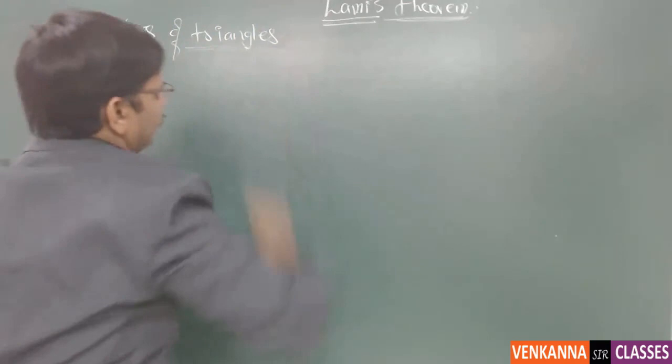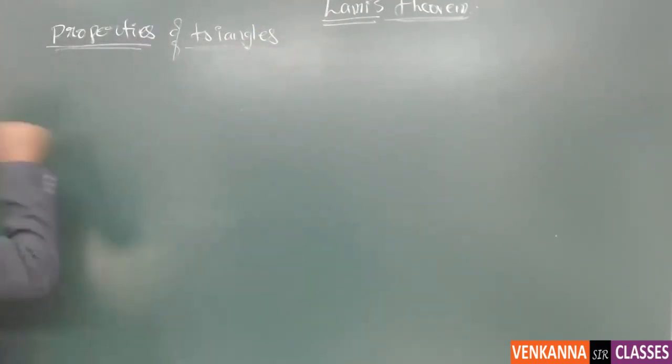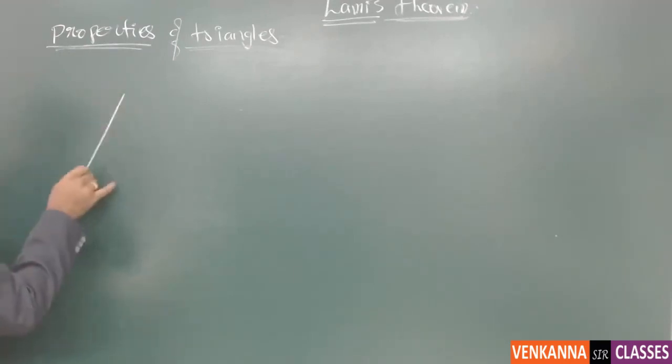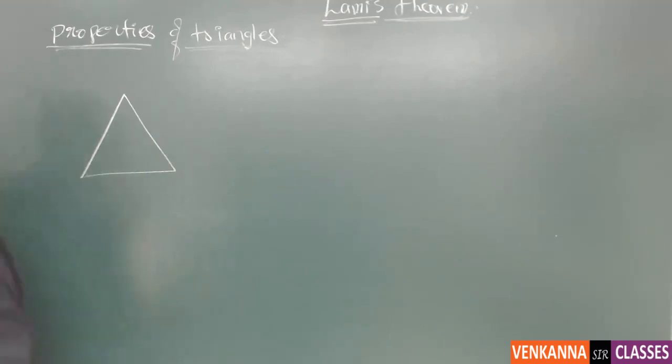There are different kinds of triangles. Suppose you take a triangle like this, and on this there are different kinds of centers.